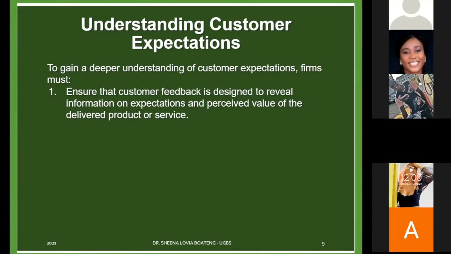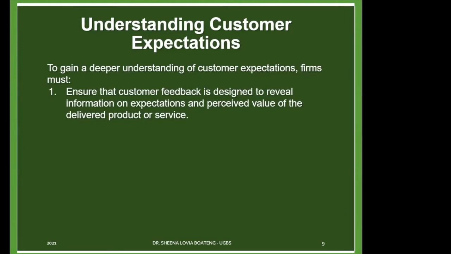Why are we saying feedback and perceived value? Feedback because if your customer does not tell you what their experience was like consuming your product or service, you will not be able to know how they feel about it, whether good or bad. On several occasions, I have consumed services where the service provider or the manufacturer of the product has never cared to find out if the product that I purchased was to my requirements.